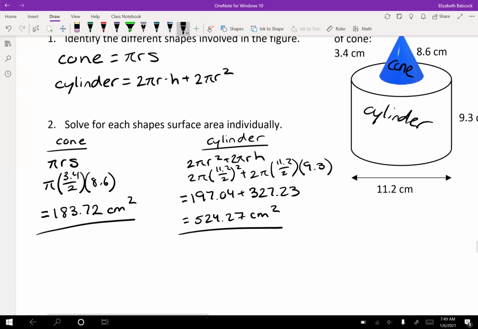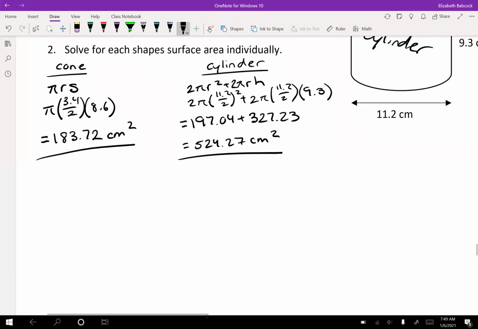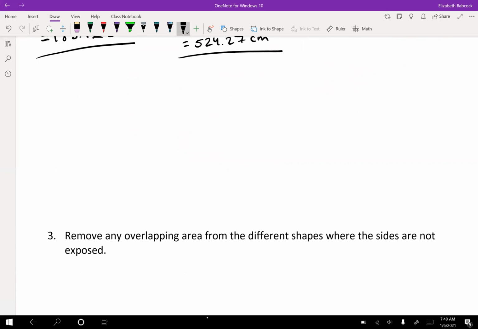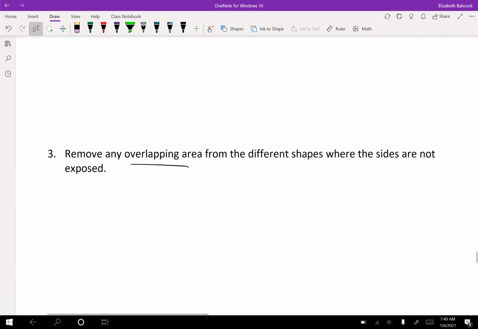However, we have this area where the cone is sitting on the cylinder that right now is being accounted for in the surface area of the cylinder. So the next step for calculating these problems is to remove any overlapping area from the different shapes where the sides are not exposed. So we need to take away the area of that little circle. Remember, the diameter of that little circle was 3.4.